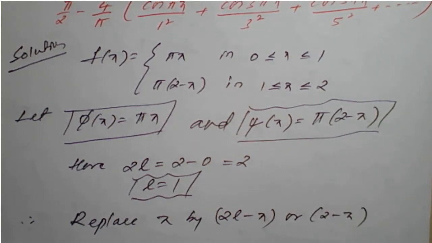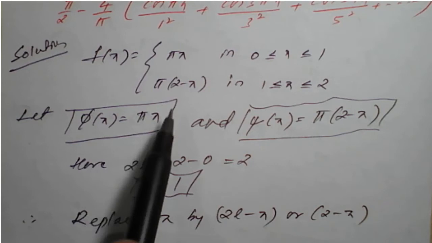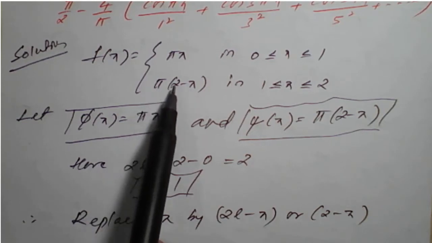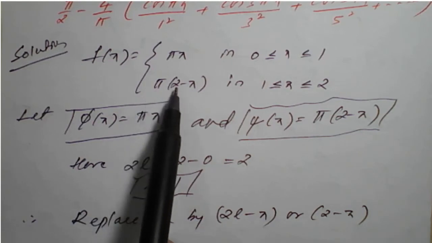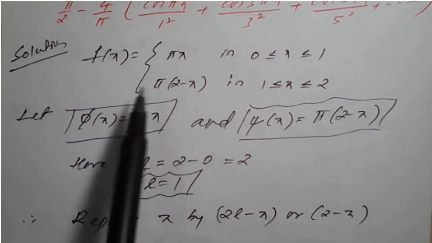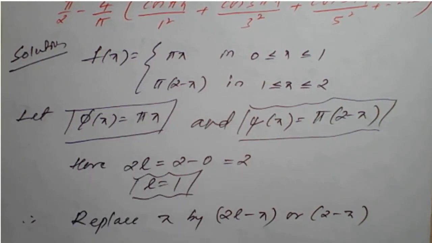So on replacing x by 2 minus x in phi of x, if it turns plus times phi of x, it is even. If it is minus times phi of x, it is odd. If it is not turning both, then we'll say it is a general function. We'll see what will happen now.